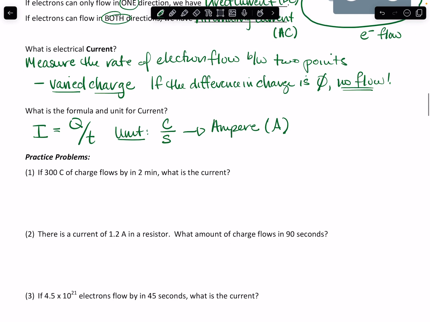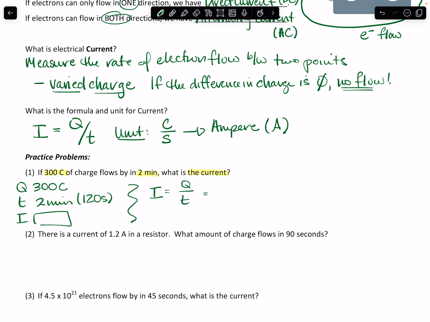Let's try a couple problems with this formula. We have 300 coulombs of charge that flows by in 2 minutes. What is the current? We list out what we know. Coulombs is charge, so that's Q. We've got a time of 2 minutes. We need everything in seconds, so I'm going to convert that into 120 seconds. We're asked to find the current, which is charge divided by time.